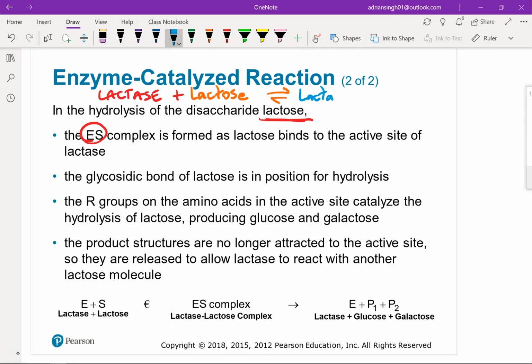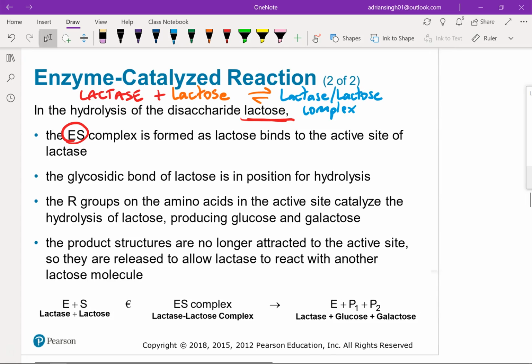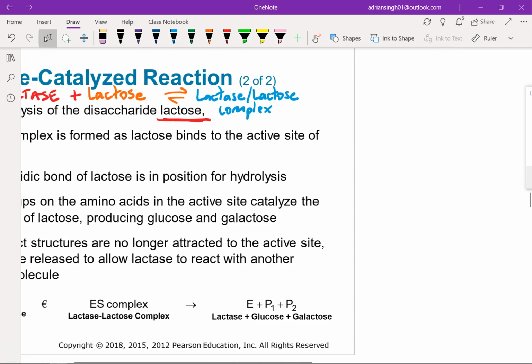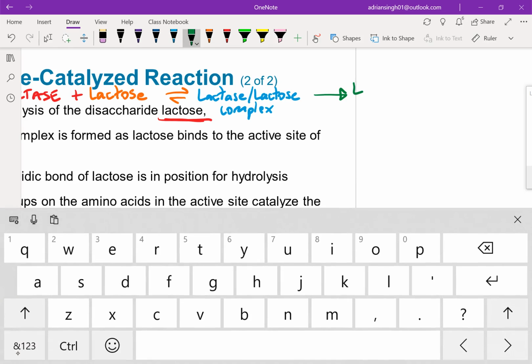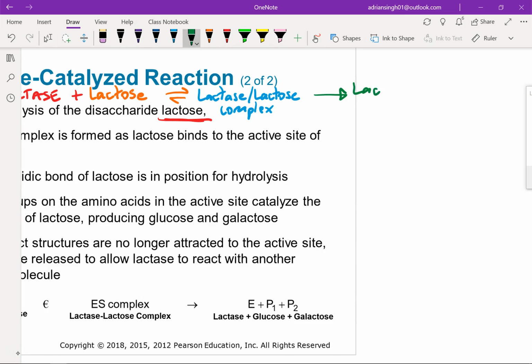So a lactase lactose complex, the enzyme does its thing on the lactose, and if you remember, lactose is made up of glucose and galactose, and those two things get released. So we end up then with our free enzyme lactase, and then our products glucose and galactose.